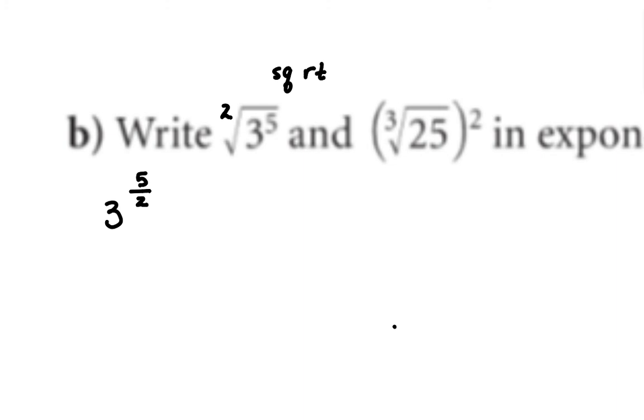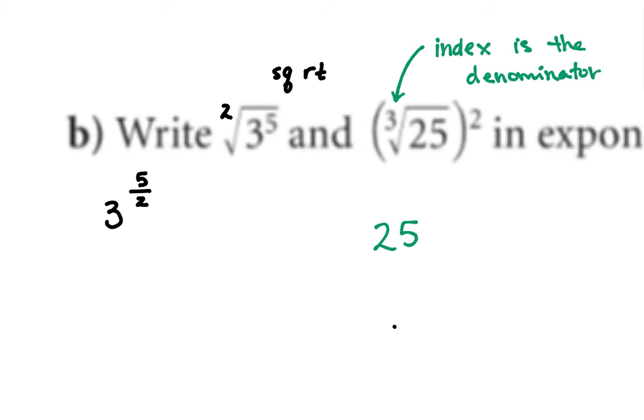The one beside it is a completely different question, so there's nothing relating these two questions. They just wanted to convert to a fraction power. So 25 is the base, but what's important is that you identify the index. The index is the denominator.